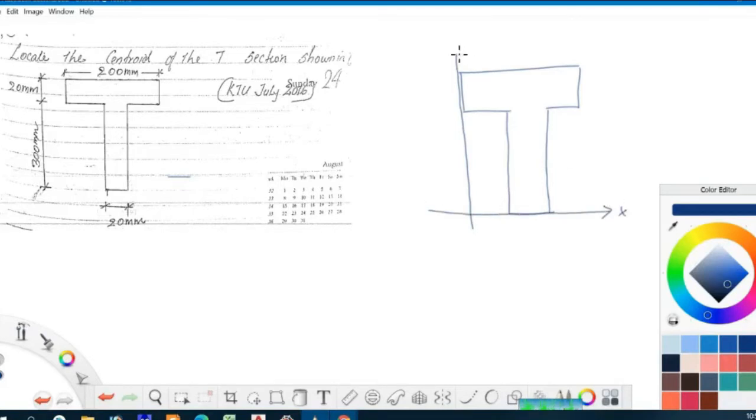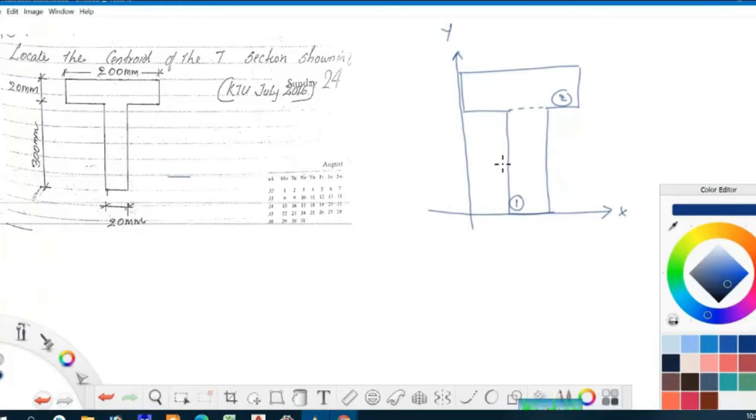This is X and this is Y. Then you have to divide this into two parts, so that you will get some simple rectangles. Let this be rectangle 1 and this be rectangle 2.